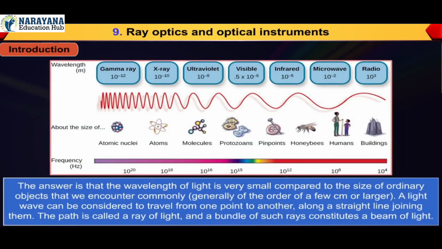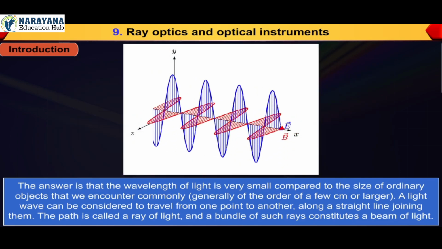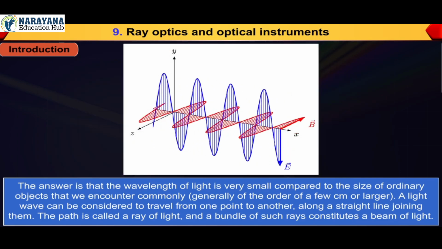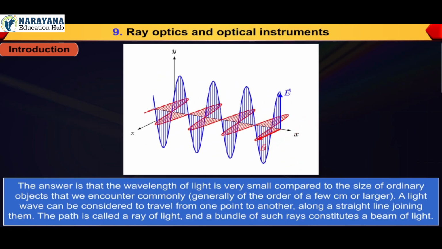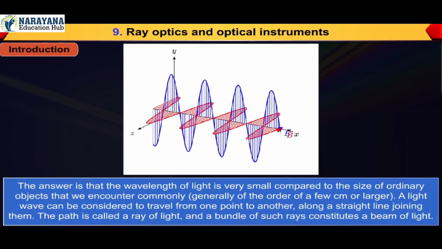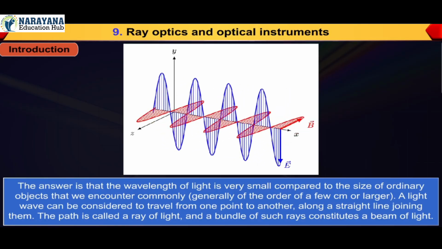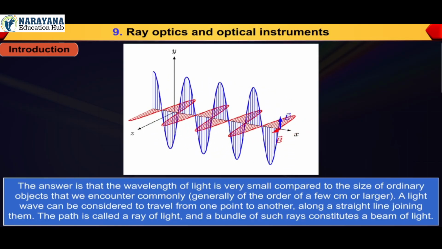The answer is that the wavelength of light is very small compared to the size of ordinary objects that we encounter commonly, that is, generally of the order of a few centimeters or larger. A light wave can be considered to travel from one point to another along a straight line joining them. The path is called a ray of light, and a bundle of such rays constitutes a beam of light.